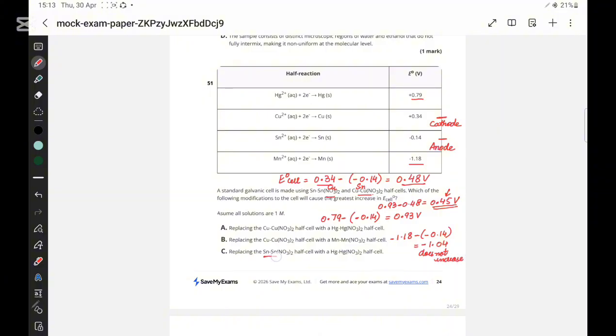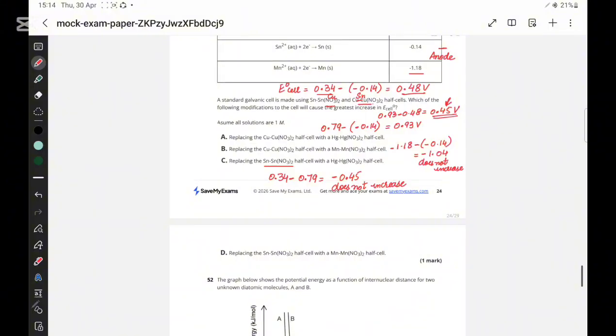And now replacing the Sn nitrate with Hg nitrate, so 0.34, replacing this Sn with the Hg, which has the value of plus 0.79, so 0.34 minus 0.79, the answer is also negative, so it does not increase. So up till now we have only option A which has shown an increase of 0.45.